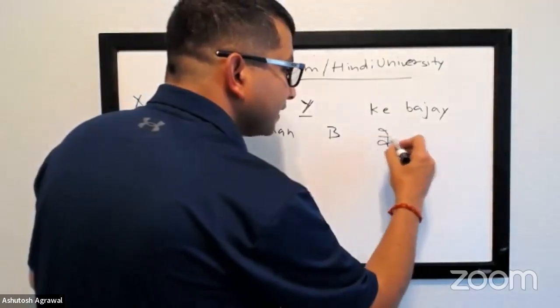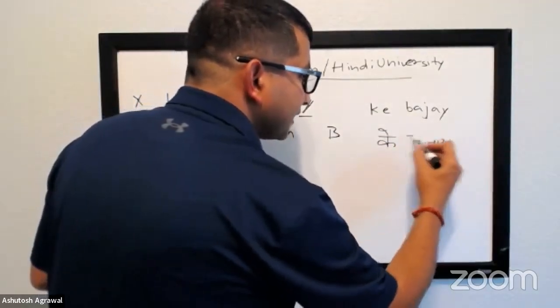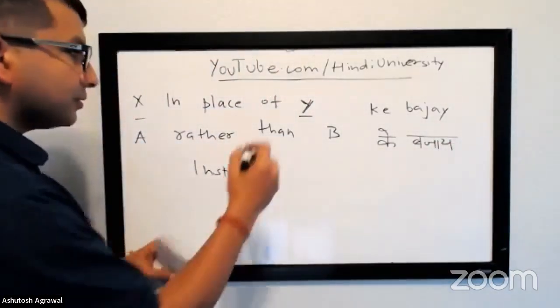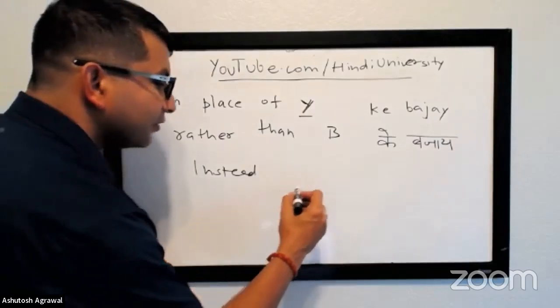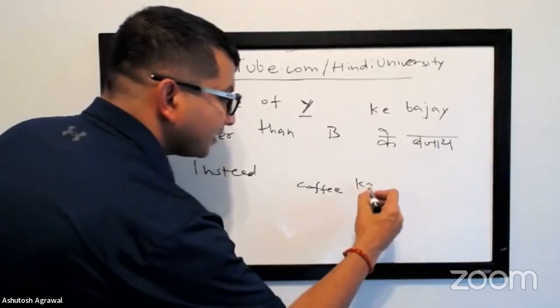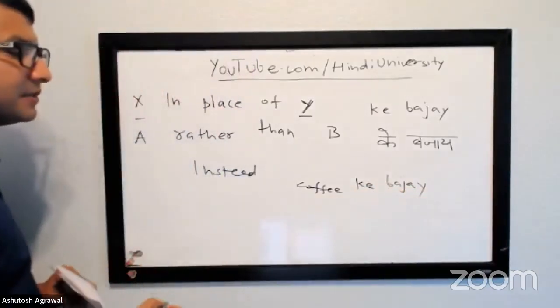So you have a ke bajai. Let's start with nouns. Just like "in place of a coffee" or "rather than coffee" will become coffee ke bajai.